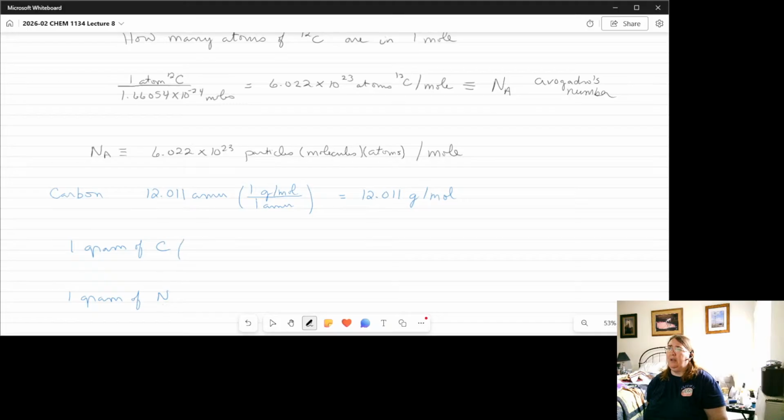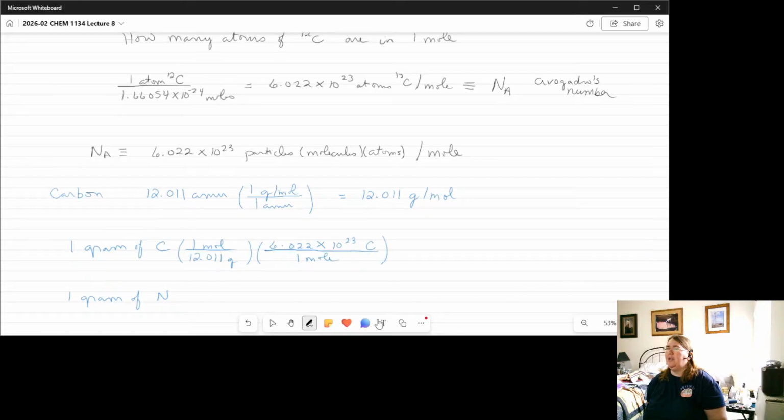So if I look at 1 gram of carbon, now I can do this fairly easily: 12.011 grams in 1 mole. And using Avogadro's number, I know I have 6.022 times 10 to the 23 carbons in 1 mole.